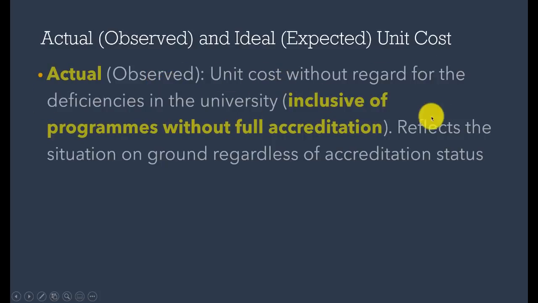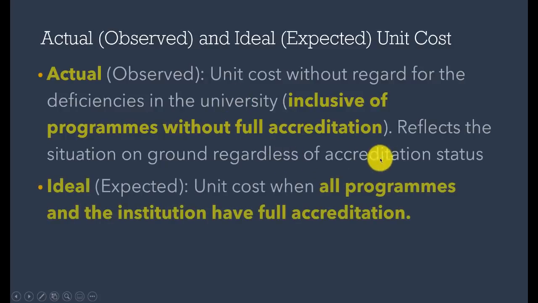Without regard for deficiency, you just go in there and take the situation on ground, regardless of accreditation status. So this is inclusive of programs without full accreditation. It includes offices without light. It includes internet service that you don't get in the university. It includes toilets that are not good enough and all such things. So you are taking data from the university as is. That's the actual unit cost.